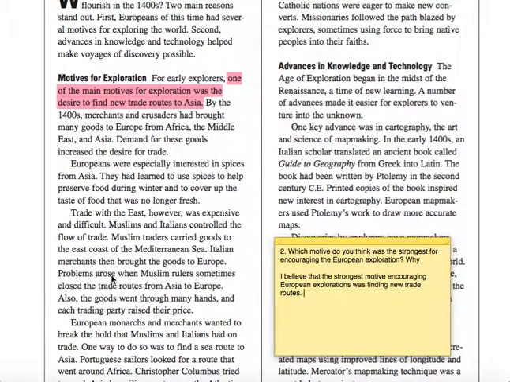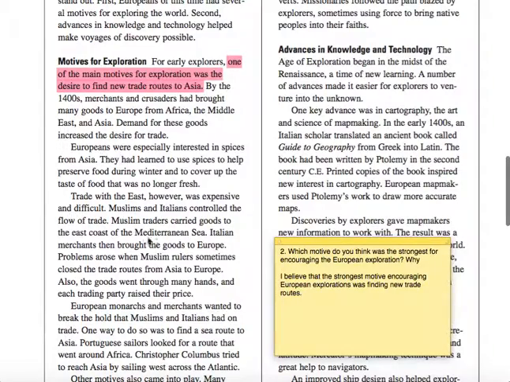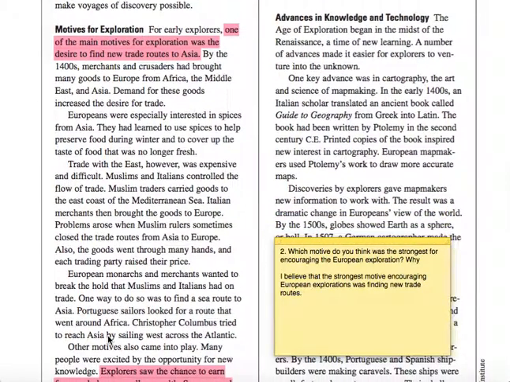As I was reading through this, I had three whole paragraphs of information explaining the trade routes. Now, I'm thinking aloud here, I think the trade routes are important because they affected so many people.